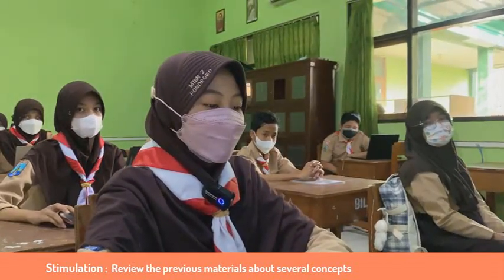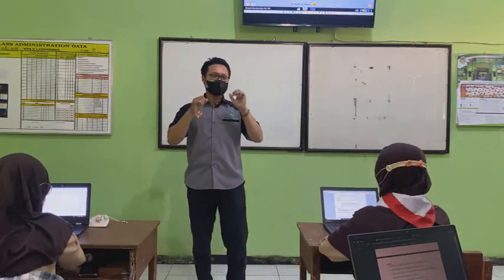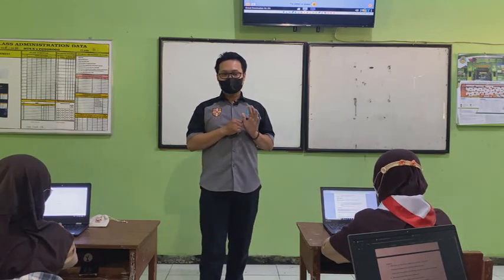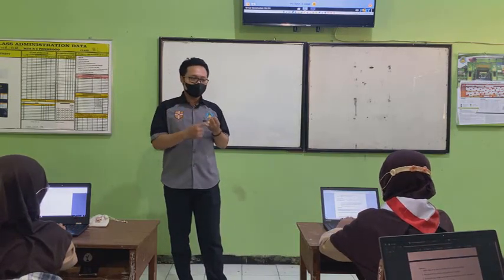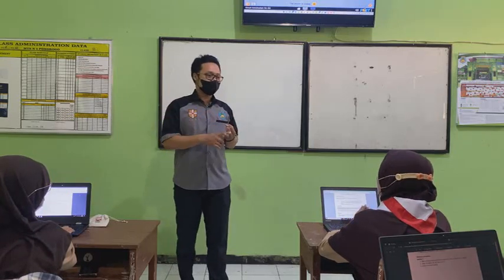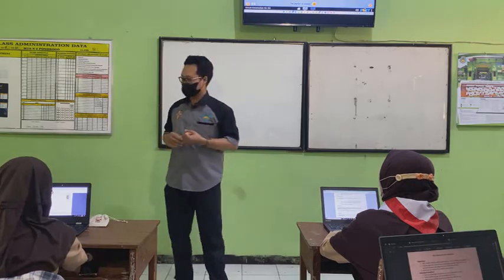Okay, thank you. Great. One of them is electric current. So, for today, we are going to learn what electric current is and how we can measure electric current, etc.